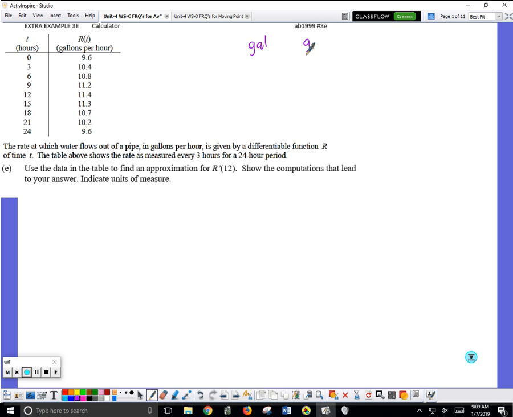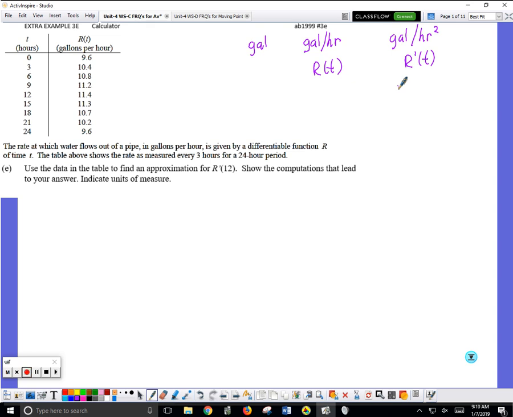I'm in this column here, gallons per hour. And they told me this is R of T. But that means there would be a third column, which would be gallons per hour squared, or gallons per hour, and that would be R prime. So that's my Danica's chart for this situation.